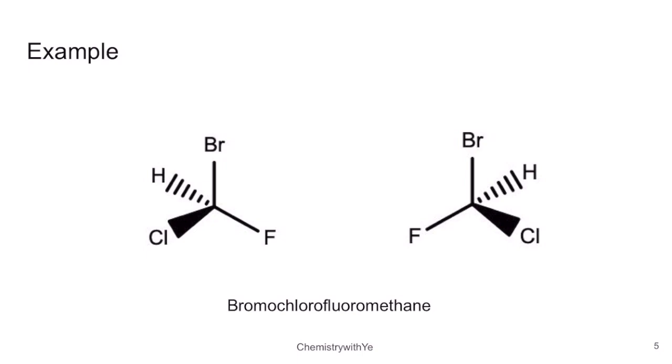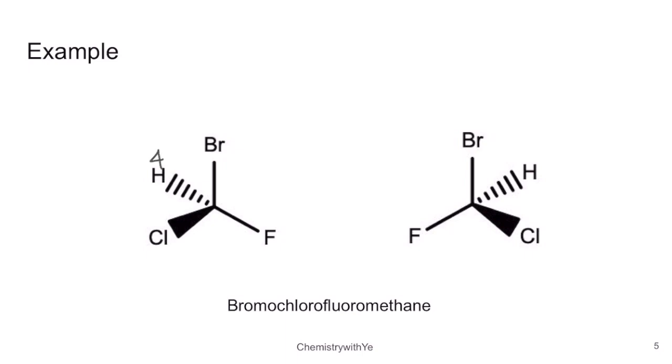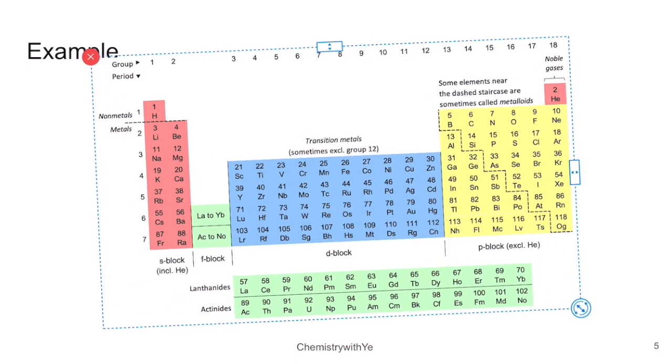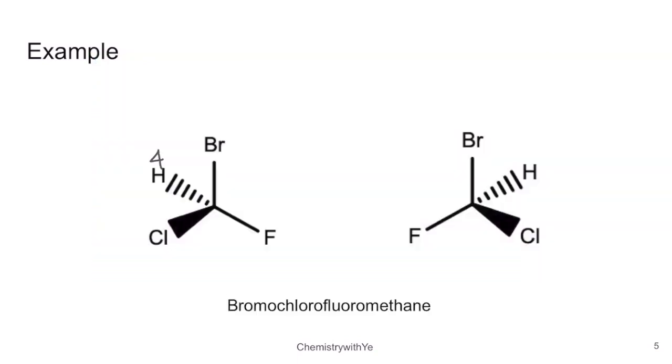In this example, you would compare bromine, hydrogen, chlorine, and fluorine. Hydrogen is the smallest, so you would number that 4. By looking at chlorine, fluorine, and bromine, you would look at a periodic table and see that bromine is bigger than chlorine and chlorine is bigger than fluorine.